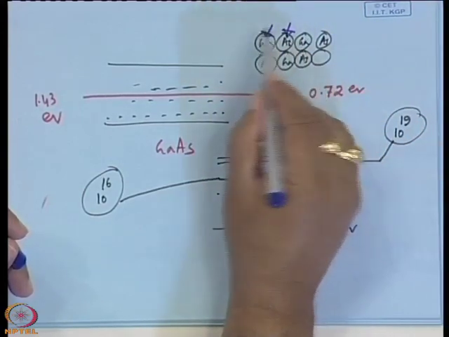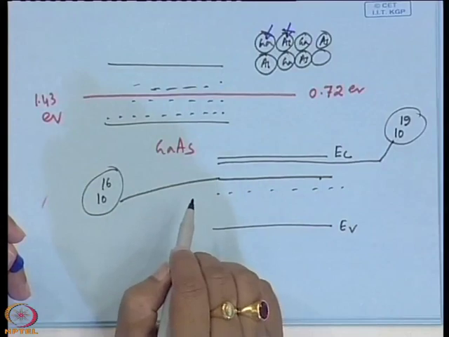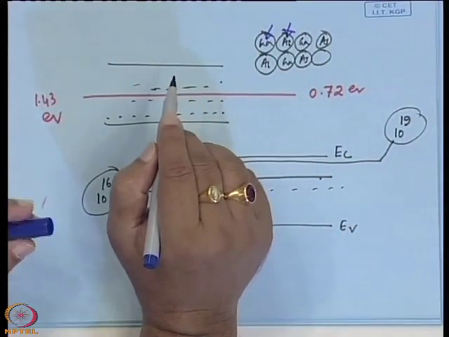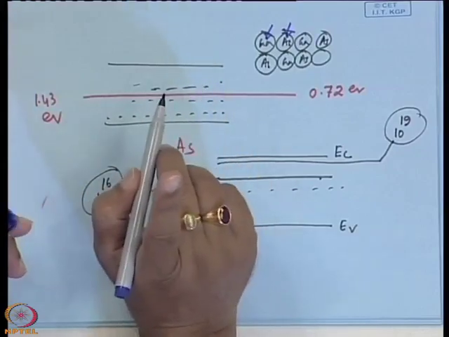If arsenic occupies the gallium site, it is known as the antisite defect, the arsenic antisite defect, and EL2 is nothing but the arsenic antisite defect.